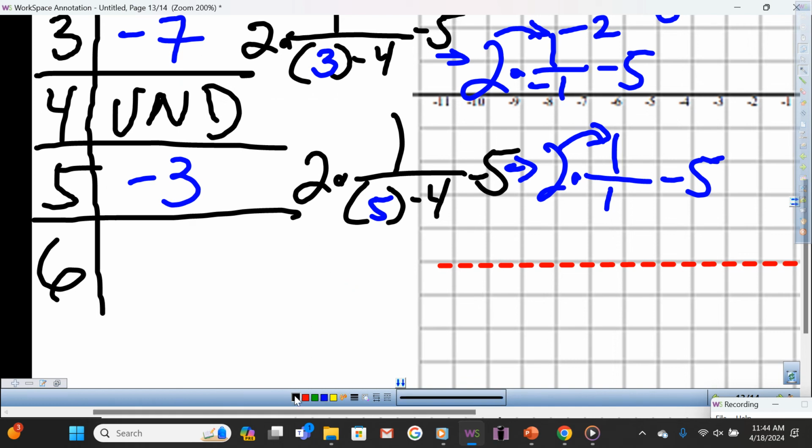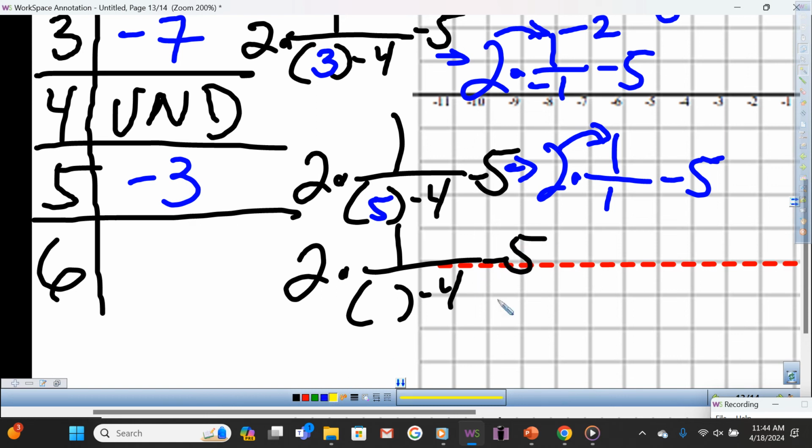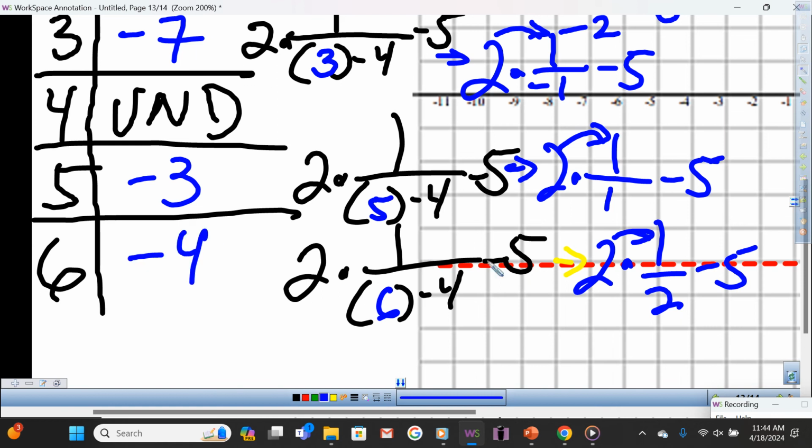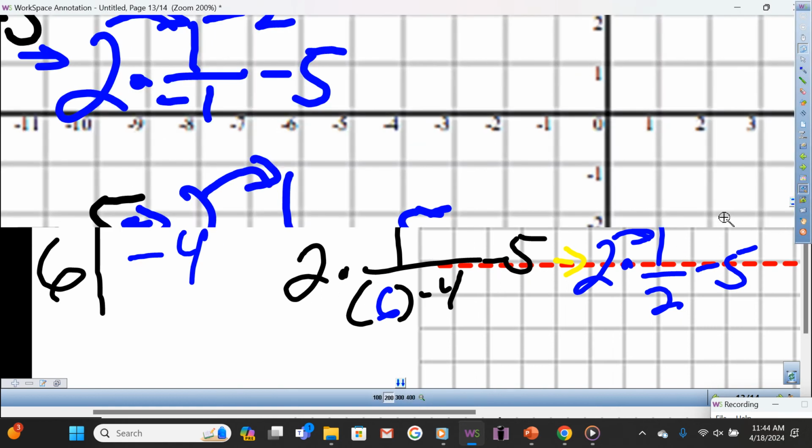And last but not least, 2 times 1 over parentheses -4 minus 5. Let's see. Whoa. 2 times 1 over 6 minus 4 is 2. Distribute that here. 2 divided by 2 is 1 minus 5. That's negative 4. All right, let's graph that.